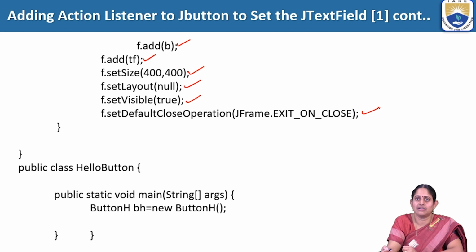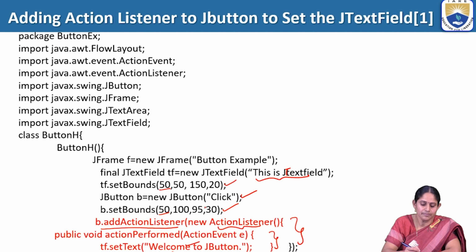When we close the frame, it just exits on close. Inside the main method, we are creating the object, which will in turn trigger all this work.